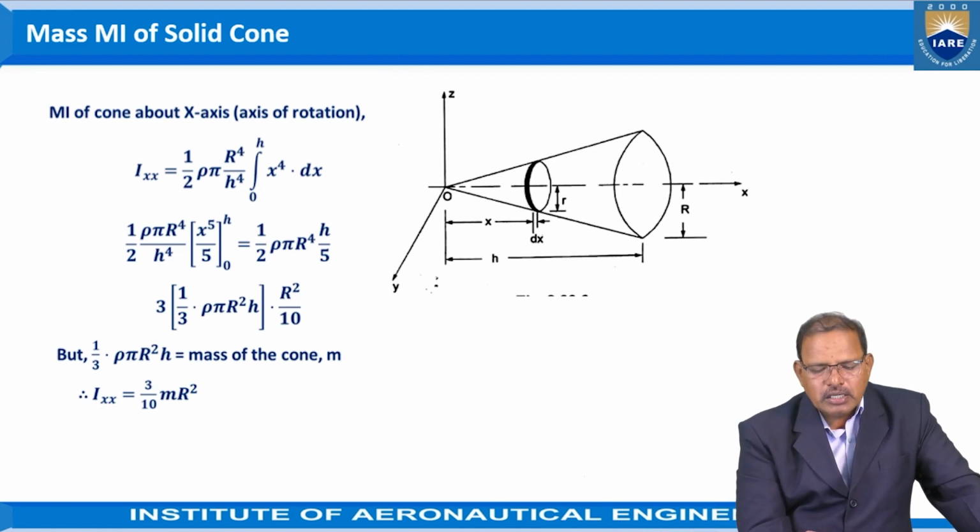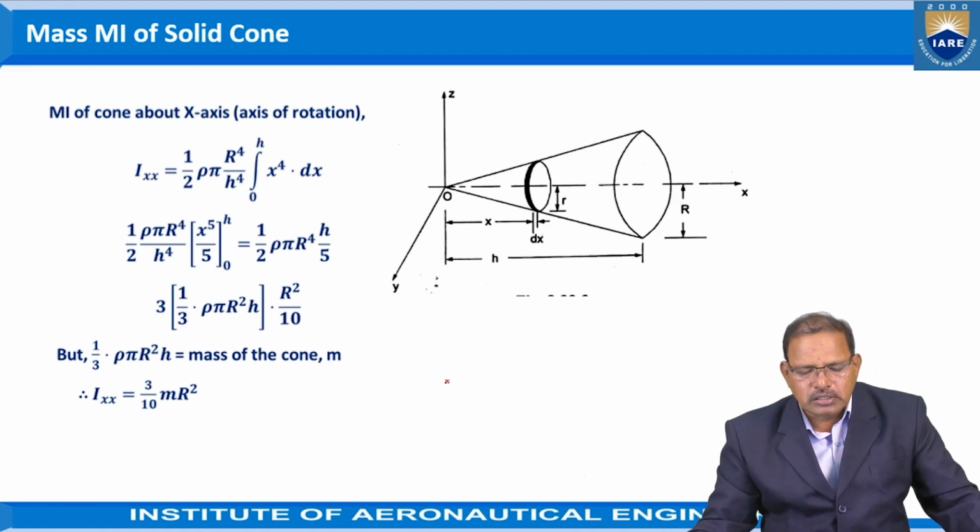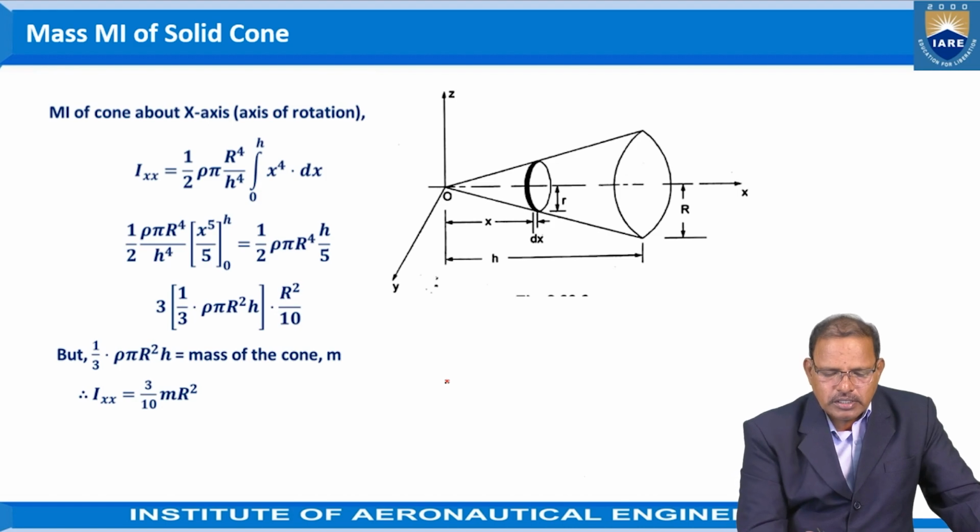This equation I am rewriting in such a way that the volume of the cone is equal to 1 by 3 pi R square h.